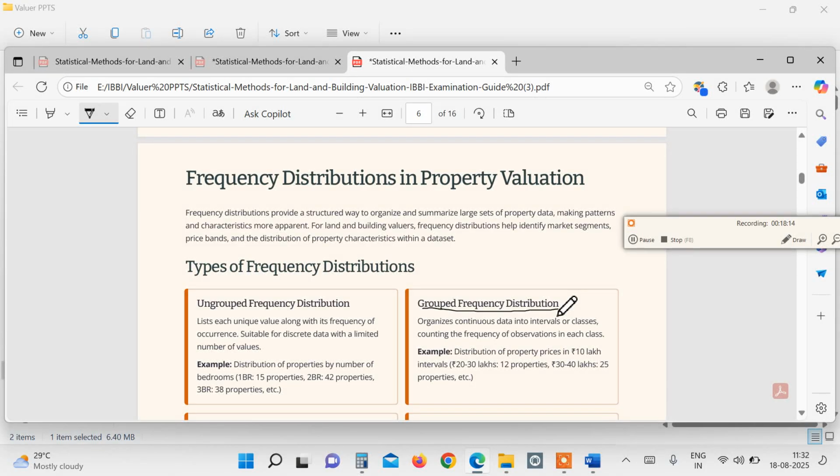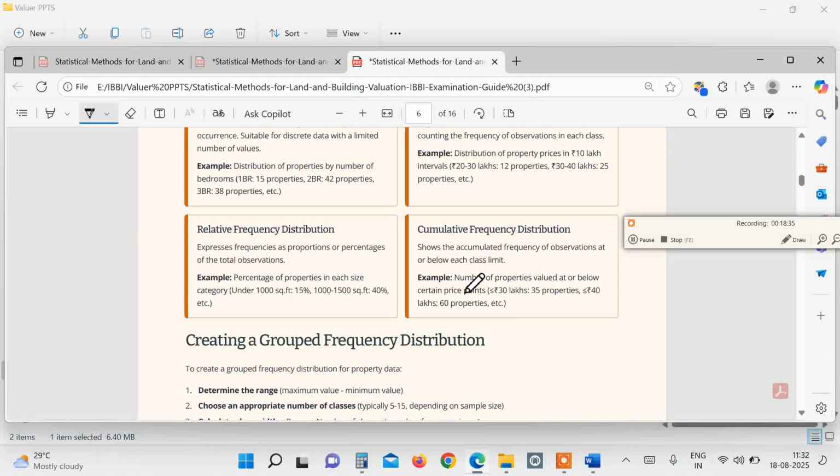And the second type of frequency distribution is grouped frequency distributions. In this case, we organize continuous data into intervals or classes, counting the frequency of observations in each class. For example, distribution of property prices in rupees 10 lakh intervals, 20 to 30 lakh, 12 properties, 30 to 40 lakh, 25 properties, etc. And then the third type of frequency distribution is relative frequency distribution.